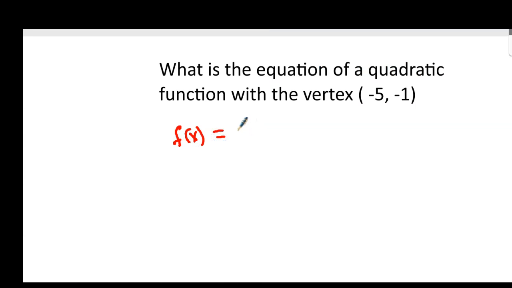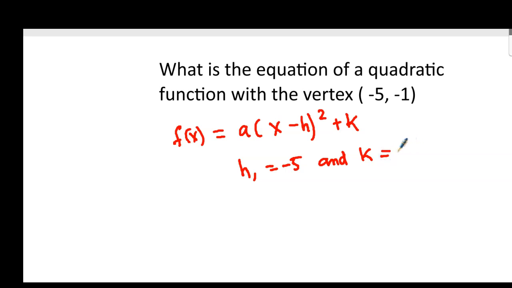We are using the function, which is a (x minus h) squared plus k. Remember our h is equal to -5 and our k is equal to -1. They didn't give us any point that is going to stretch or whatever, so we are going to do away with that. So f of x will be equal to this one.